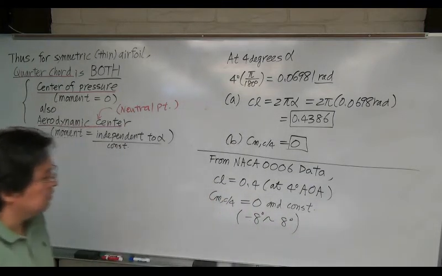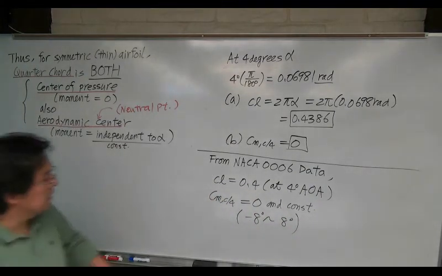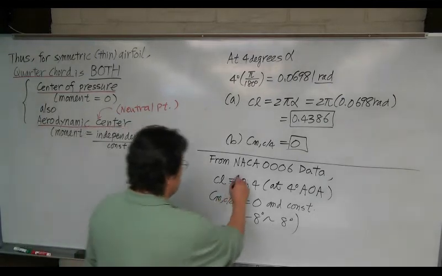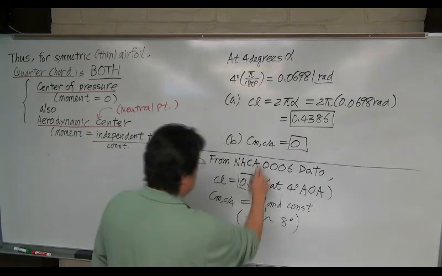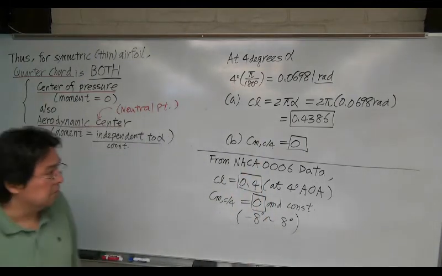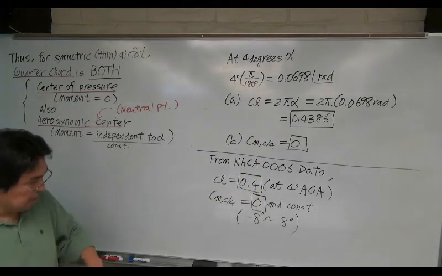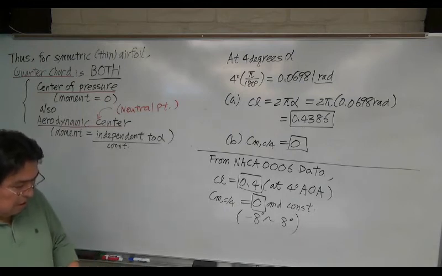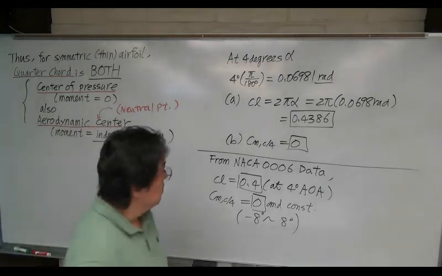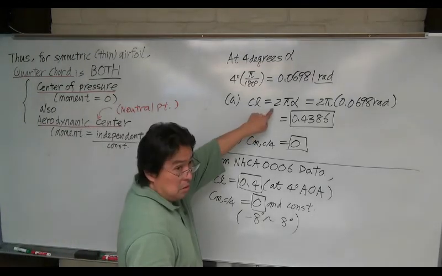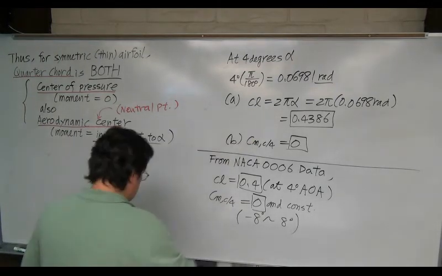So as long as your airfoil is not in the stall region, you can say this, which matches fairly well with thin symmetric airfoil theory, right? Okay. So we can use this for preliminary design analysis, which is an equation that's super simple.